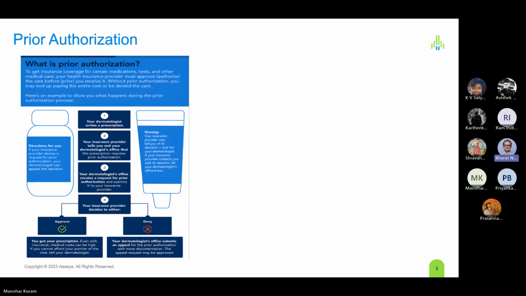The payer is who will be paying for this treatment, whether it's the insurance party, government, or whoever else. And the provider is the one actually providing the treatment. This diagram is good, but I think we'll have to create our own diagram articulating a similar journey.